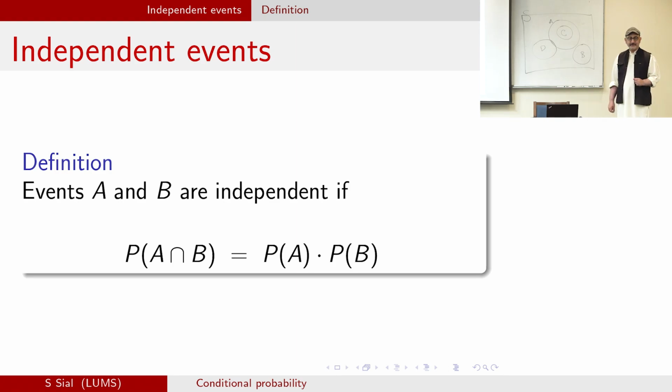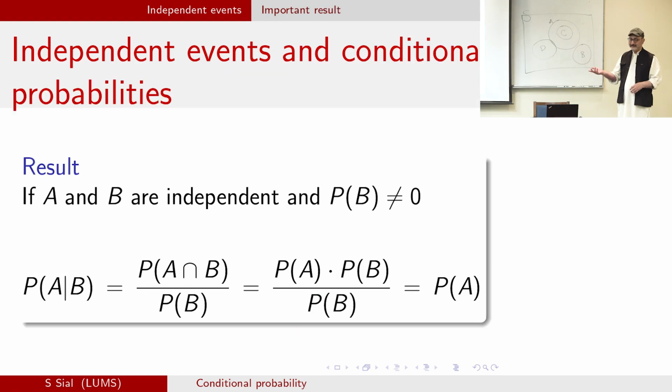A simple example of two independent events: if you flip a coin twice, the probability of getting 2 heads is 1/2 times 1/2.